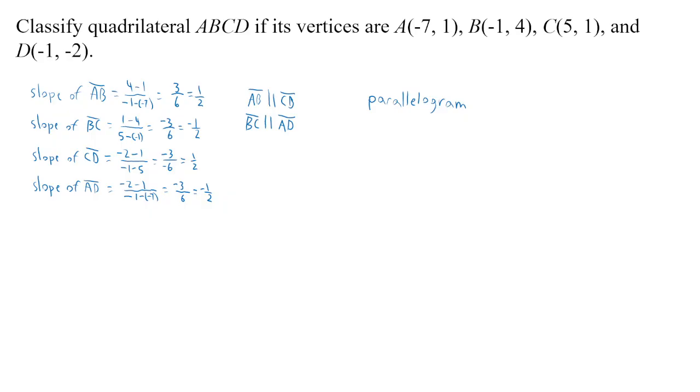So now we gotta see if this is a rhombus. The diagonals of a rhombus are perpendicular. So let's find the slopes of the diagonals.